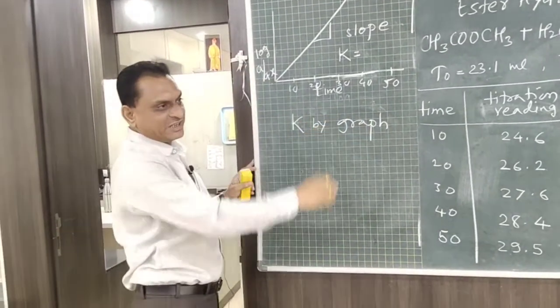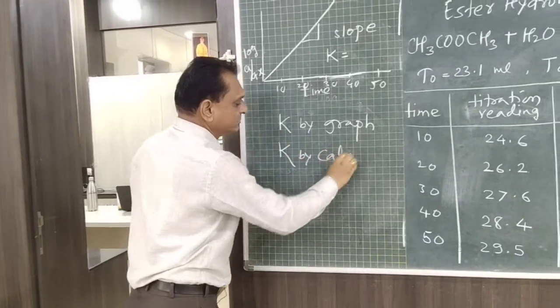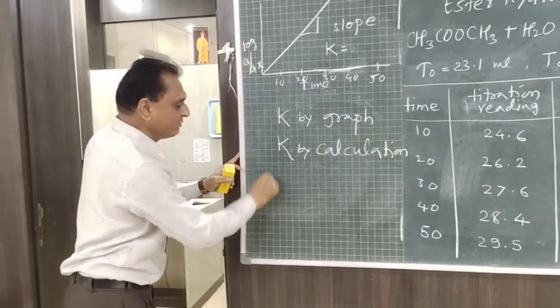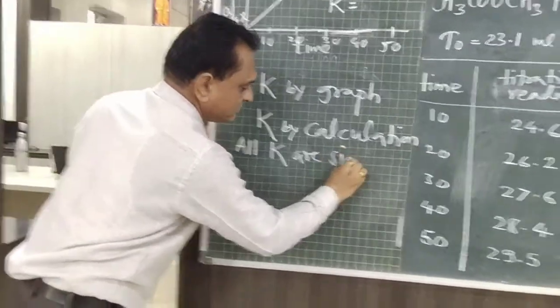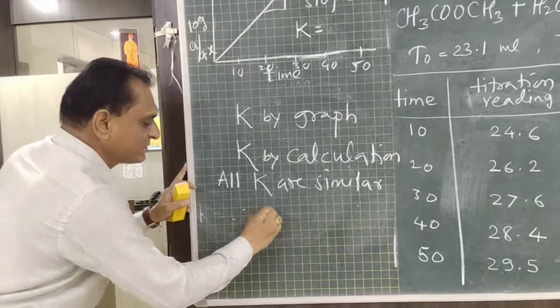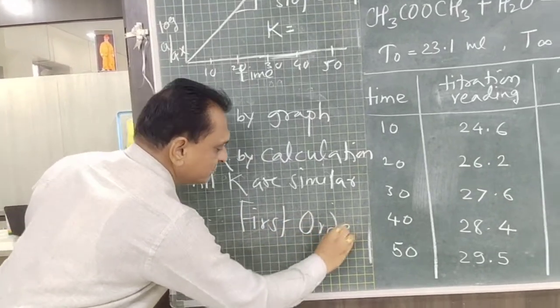Whatever you represented in your observation table is K by calculation. And if all these values are similar, all K are similar, therefore your hydrolysis of methyl acetate is a first order reaction.